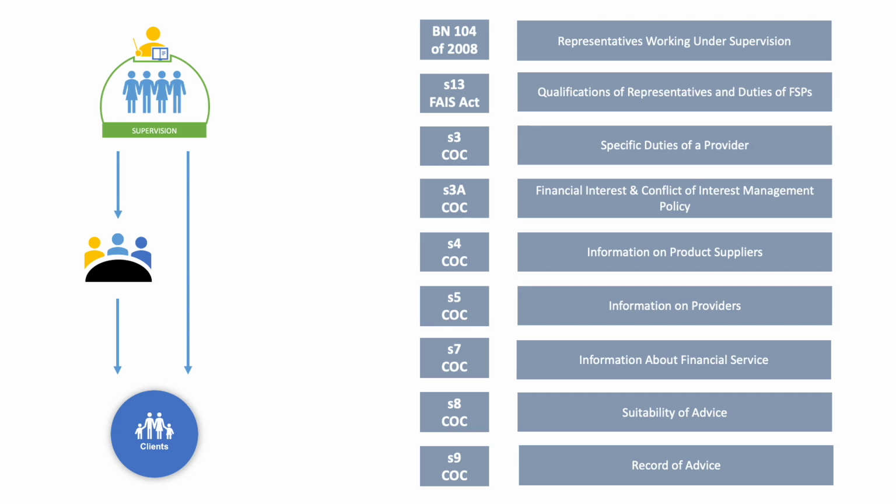So the starting point is that the representative must disclose the fact that they are working under supervision to the client before they provide any financial service. After that, the sections relating to disclosure are basically the same for a representative working under supervision and a representative not working under supervision.